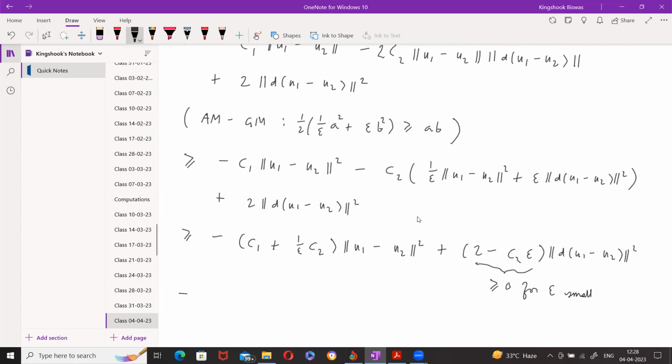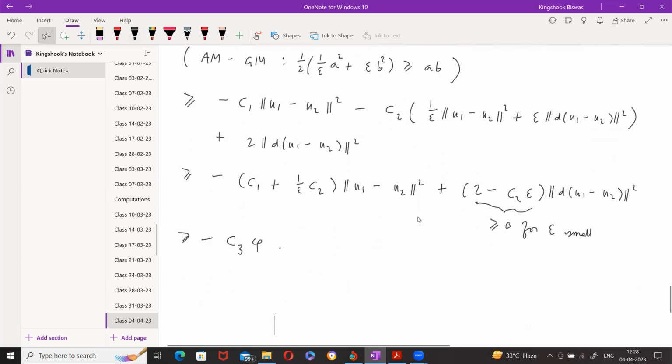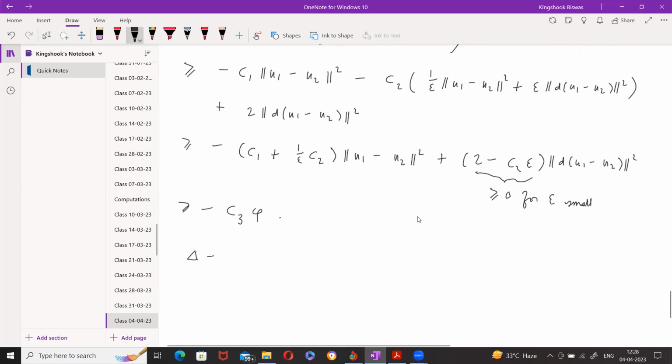So the whole thing will be greater than minus C3 times norm u1 minus u2 squared, and this is my function phi, right? So finally what I get is that Laplacian minus del t of phi is greater than minus a constant C3 times phi. Okay. So now I put psi of x,t to be e to the minus C3t into phi of x,t.